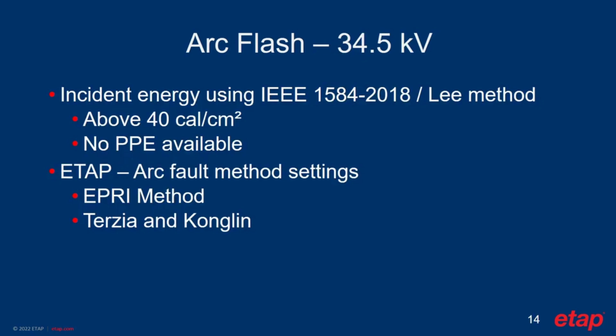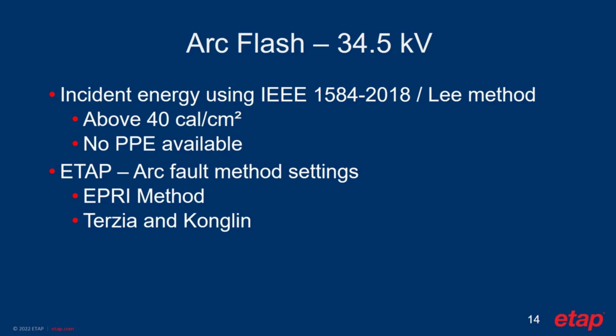On the other hand, the Arcflash results for the 34.5 kV substation were also evaluated. In this case, the client requested to perform the analysis using the IEEE 1584-2018 method, which reverts to the Lee method, which is officially removed from the standard.